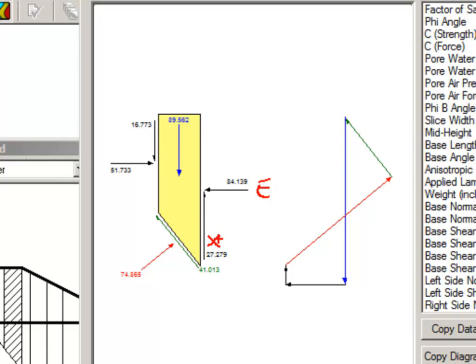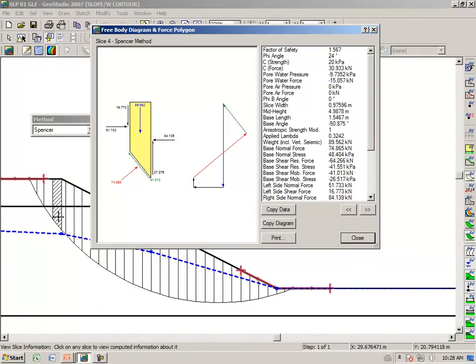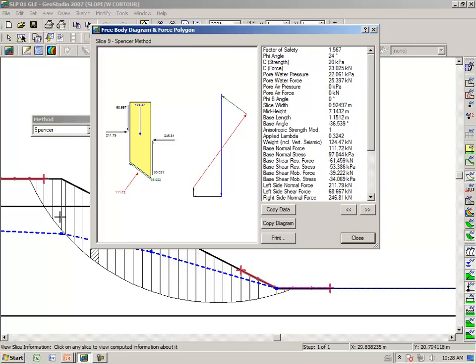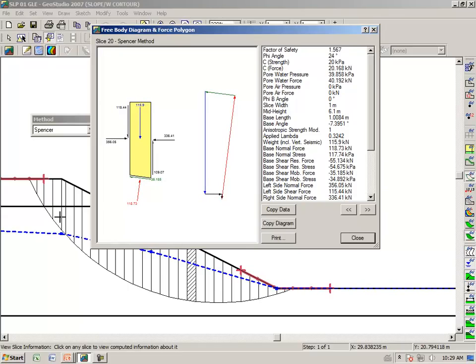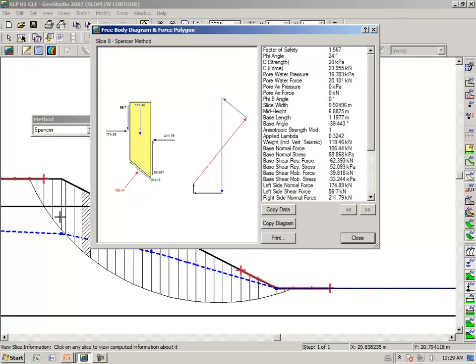Notice that we get very good force polygon closure for all the slices, and this means now that we have found the forces on this slice such that this slice is in force equilibrium, which was the objective of the exercise.